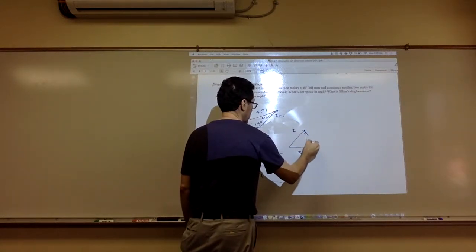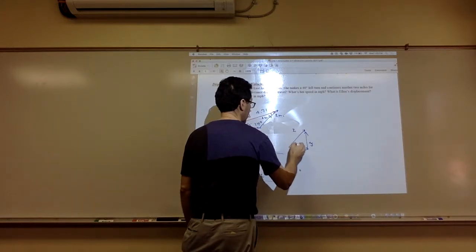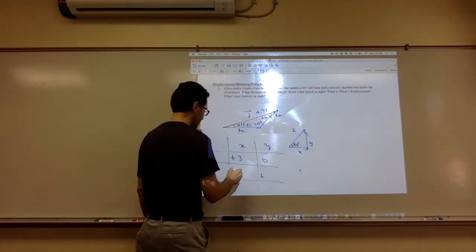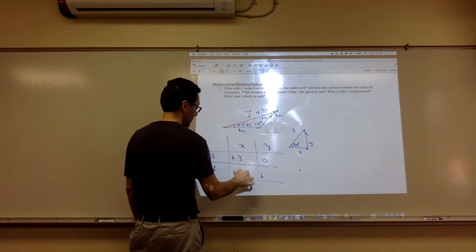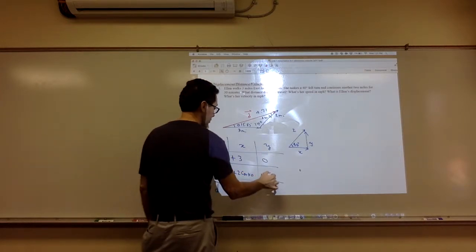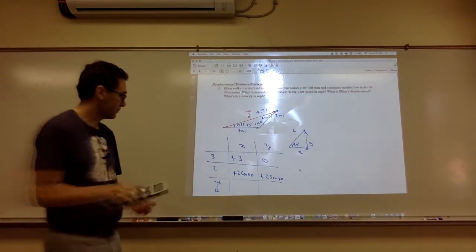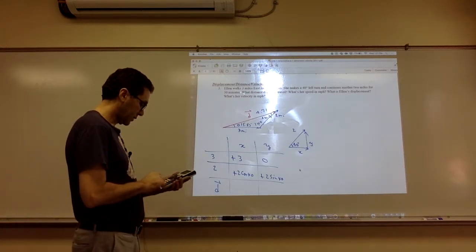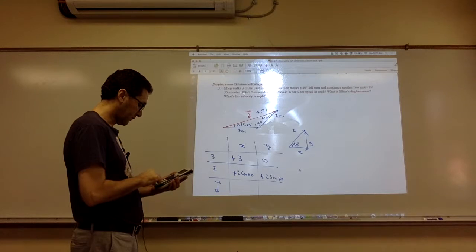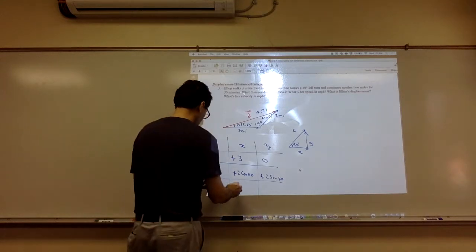This is the x component, this is the y component, this is 40 degrees. So this is basically going to be 2 cosine of 40, and this is going to be 2 sine of 40. So let me see what that is. Okay, 3 plus 2 cosine of 40, so this is 4.53.